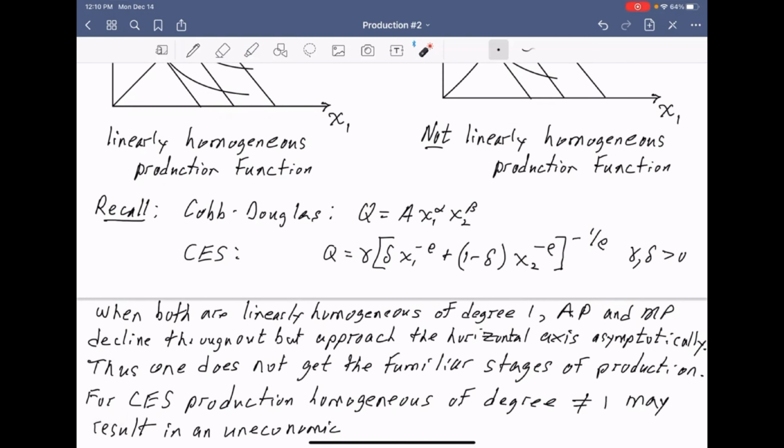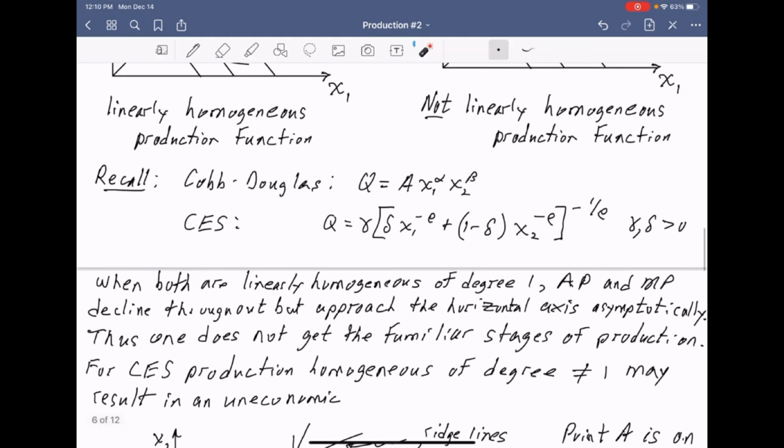And we have the constant elasticity of substitution production function, which is given by this more complicated expression. And this has been introduced to you earlier, where this phi was equal to, if I recall correctly, sigma over 1 minus sigma. And we'll get back to what sigma is, but it's the elasticity of substitution.